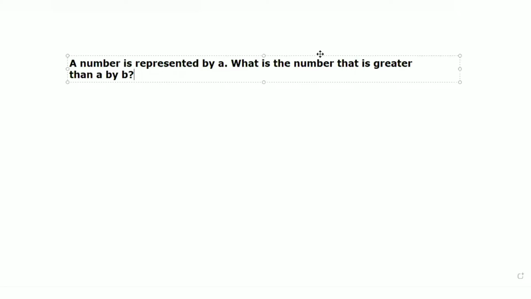A number is represented by A. එක සංඛ්‍යාවක් A කියලා represent කරනවා. It's not a number; instead of a number it is represented by A. Right? So they are asking what is the number that is greater than A by B. Right? ඊළඟට අහන number එක greater than A by B. A වලට වඩා B ගානක් වැඩි number එක මොකක්ද කියලා අහනවා.